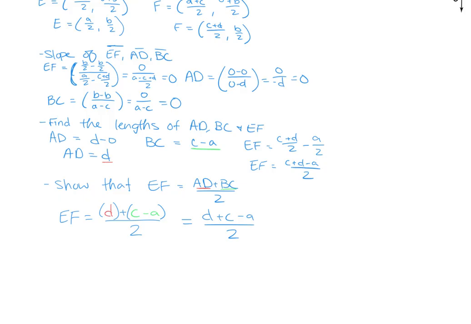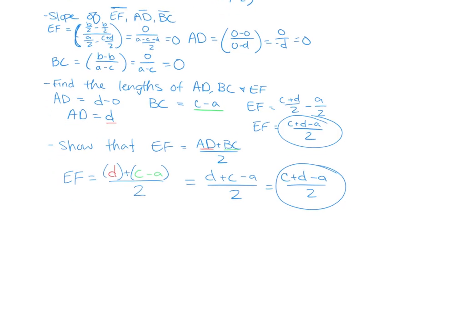Okay, I can rearrange this. Actually, let me back up and I'll do that. So I'm going to rearrange this. So c plus d minus a over 2. So this is the same as this, and both of those are EF. So we were able to prove that those were equal.